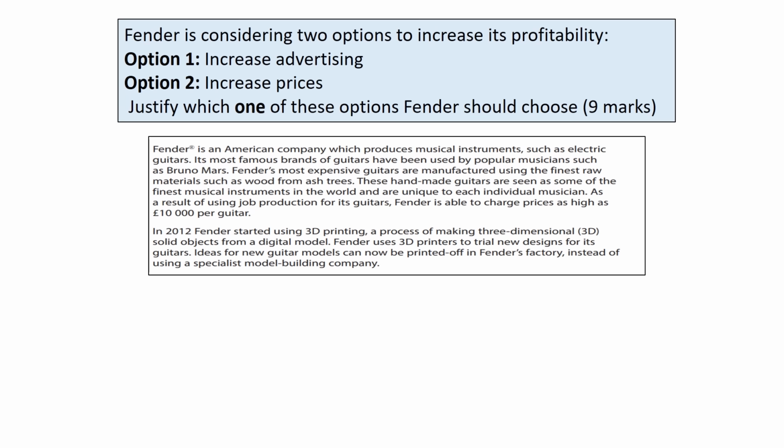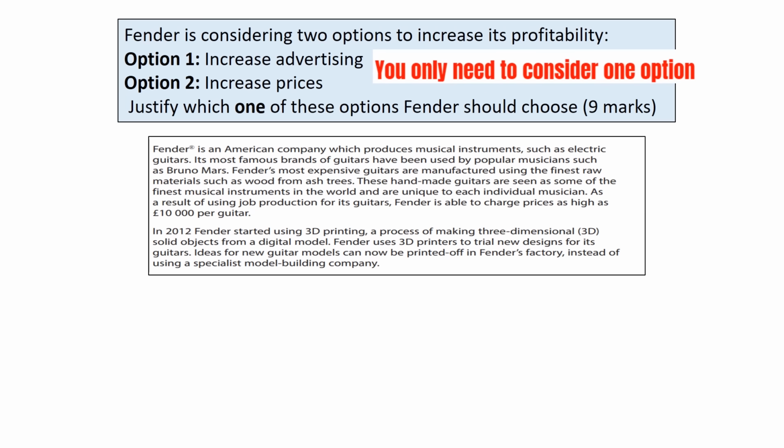So you can pause the video here and you can take a read of the case study. So we will be considering one option, and the option we're going to consider is increase advertising. You might choose another option, it's entirely up to you, but for the sake of this video, we're going to choose option 1. I will also underline the 5 linked strands.